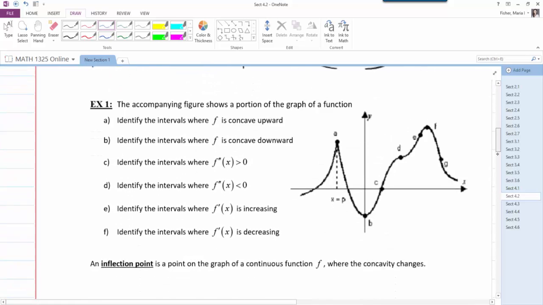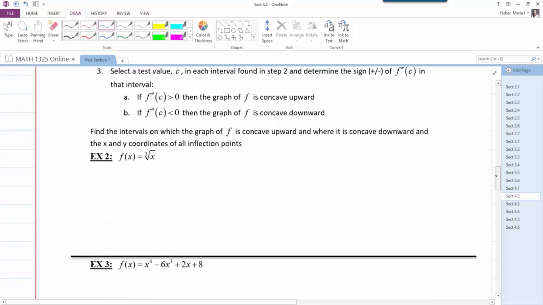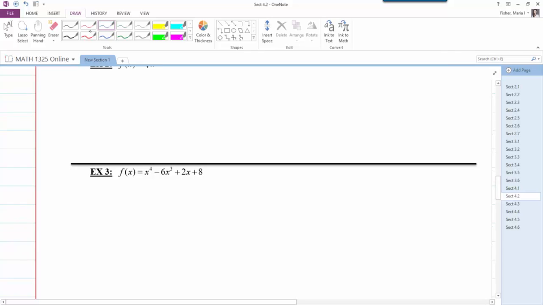So if we skip down to number 3 real quick, and we want to find the second derivative, well, the first derivative we know, f prime of x, is equal to 4x cubed minus 18x squared plus 2. Now, if we want to find the second derivative, well, the second derivative, again, is just the derivative of the first derivative.